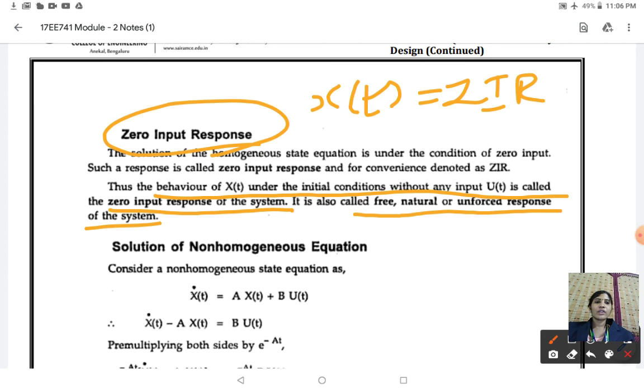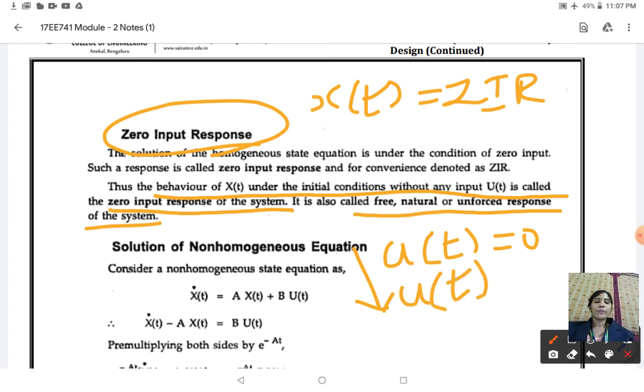The difference between your homogeneous equation and non-homogeneous equation is, in case of your homogeneous equation, the input u of t will be 0, whereas in case of non-homogeneous equation, u of t will be present. This is the main difference. And the response obtained in case of your homogeneous equation is zero input response, whereas in case of your non-homogeneous equation, you can obtain both zero input response as well as your zero state response.